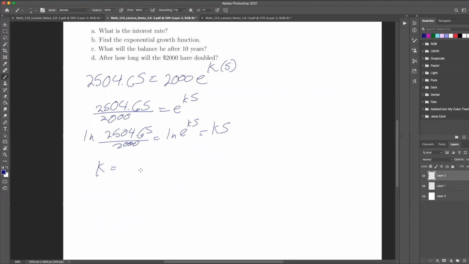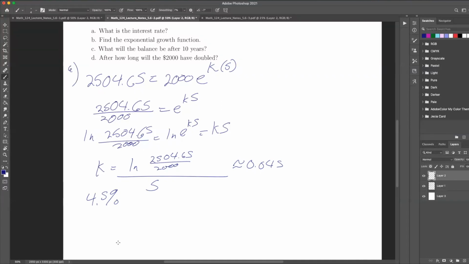I was a liar. k is equal to ln of 2504.65 over 2,000 divided by 5. And you just crunch this through a calculator. And if you crunch this through a calculator, you're going to get 0.045. And so you have k is equal to that, and so what does this really mean? My interest rate was about 4.5%.